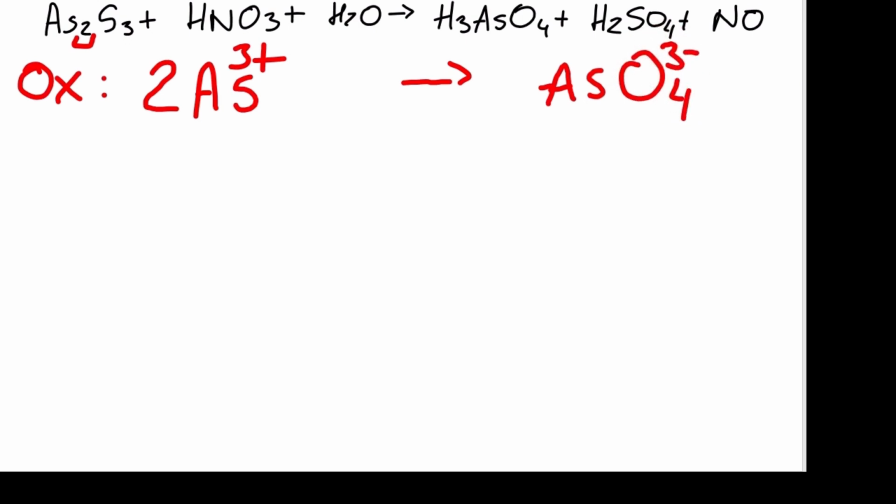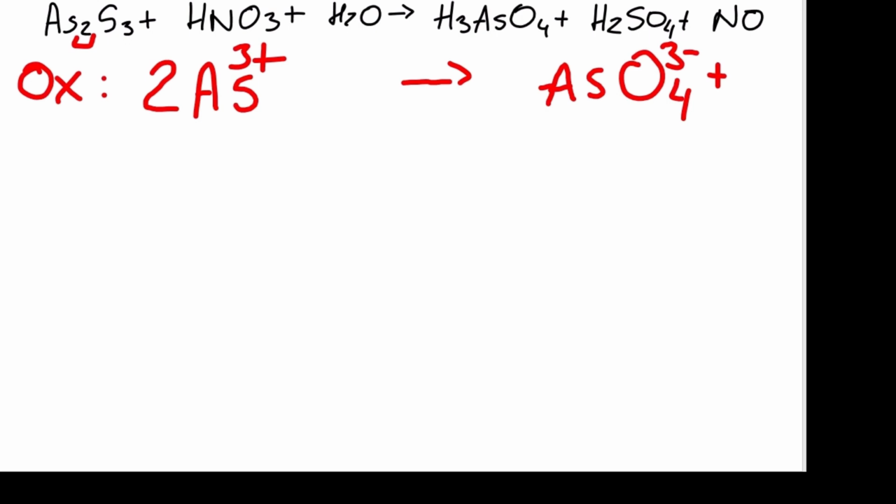Yes, the charge of this anion is equal to minus 3. Okay, so if it is an oxidation reaction, the electrons must appear on the right side of this equation. So plus how many electrons?